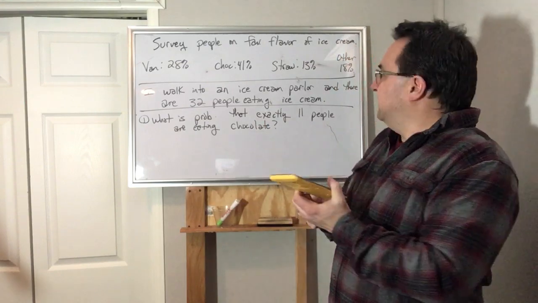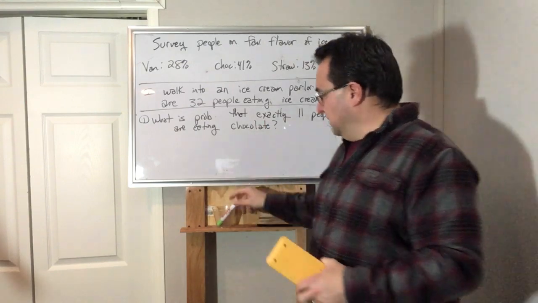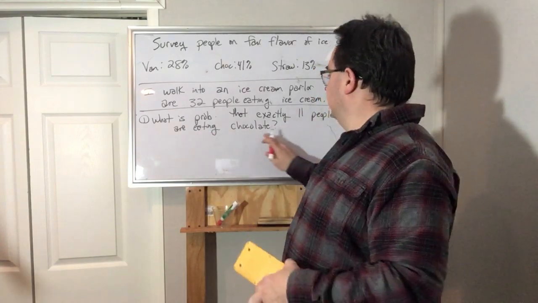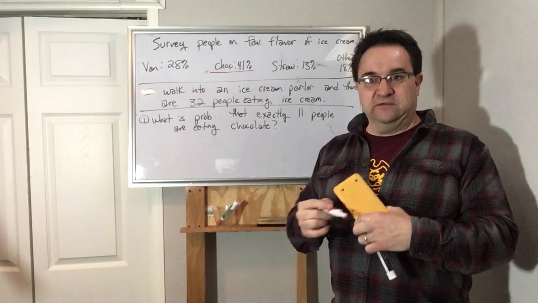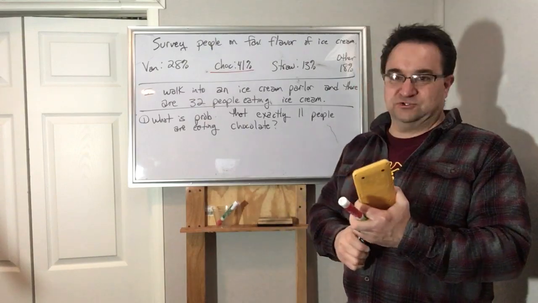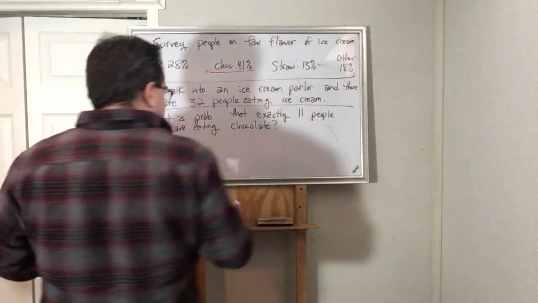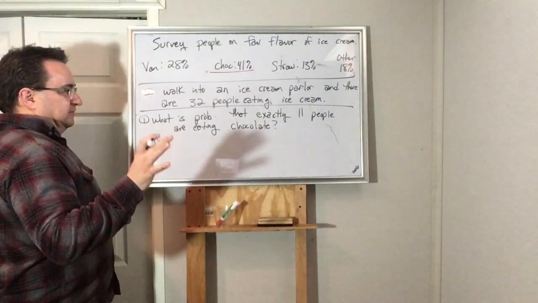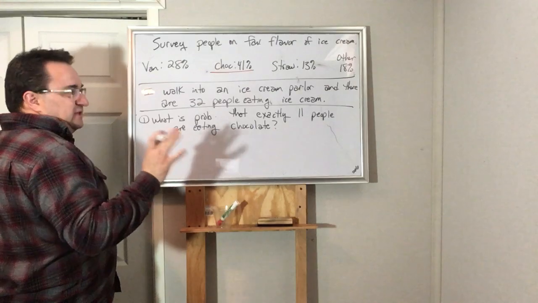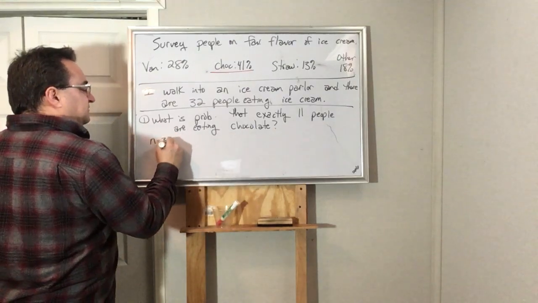So how do we do that with the equation we've been using? Well, we obviously have to focus on this number right here. I really don't care about these values when I'm answering this particular question. So let's identify the things. The total number of trials would be the total number of people, 32.